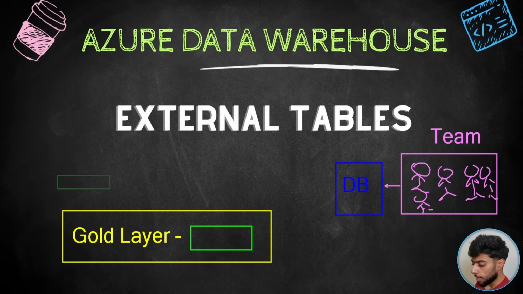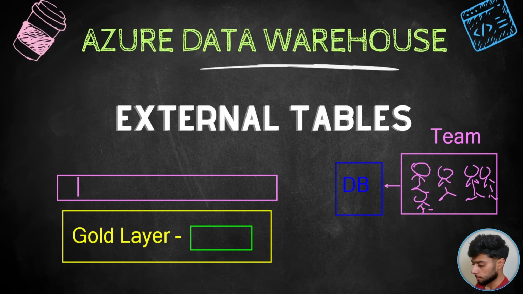We create a metadata layer. Now what is a metadata layer? Nothing, just table definition, table name, column types, and all those things. This metadata layer will act as a table, and we call it an external table.